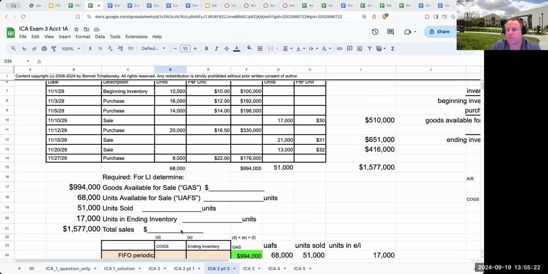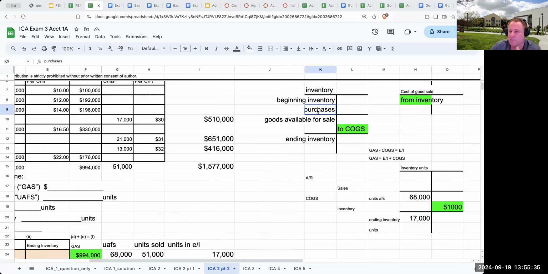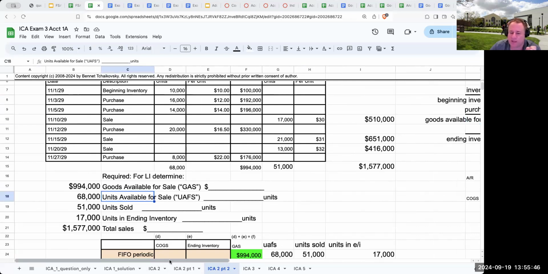Now, remember from part one of this video, very, very important, the first thing I have to do is compute the constants, the goods available for sale, meaning my beginning inventory plus my purchases. This is going to be the same in every single one of these. Next, units available for sale.